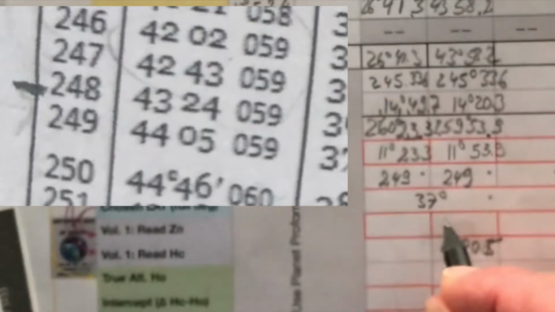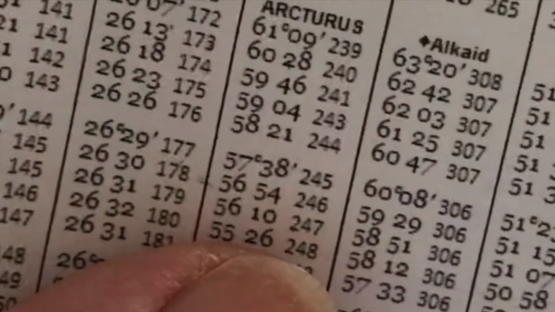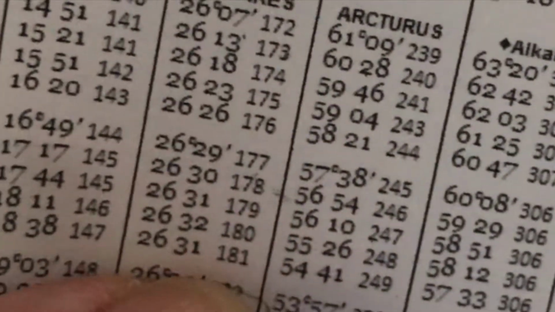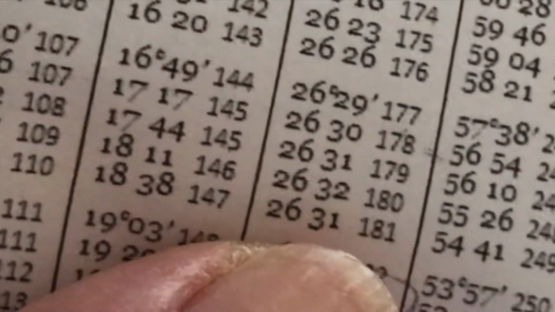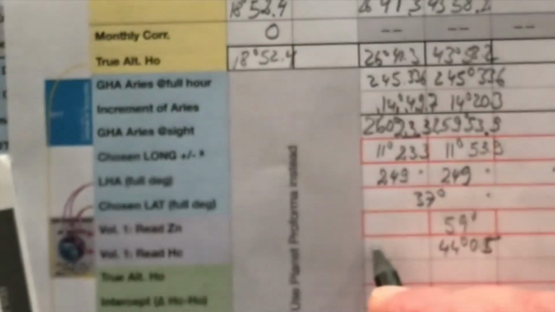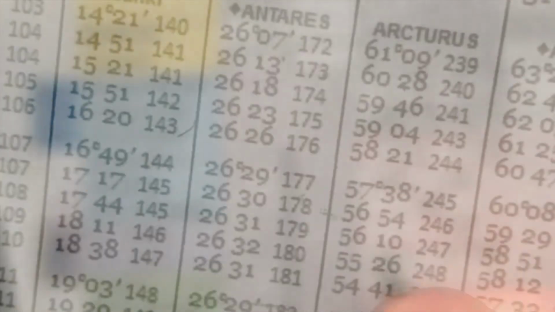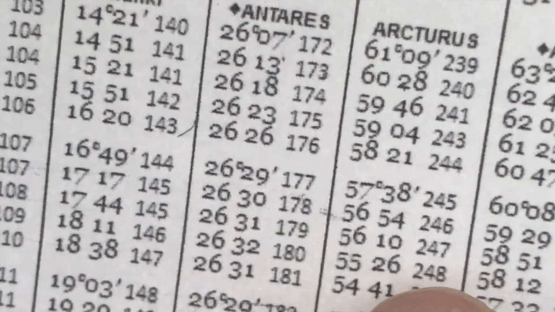The azimuth is 59 degrees. Okay, and the Antares, it's again the same local hour angle, 249. There is Antares. So we will find here, it says 26 degrees and 31 minutes. 26 degrees and 31 minutes. 181 degrees. This is the real azimuth.